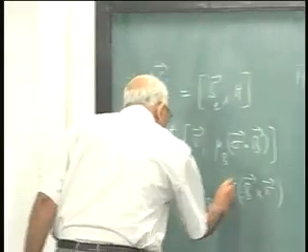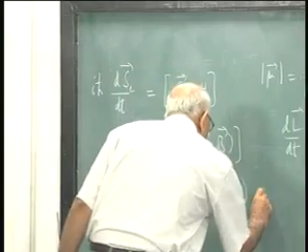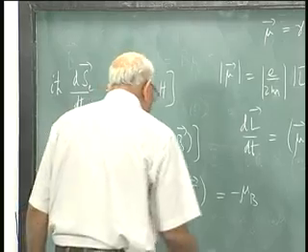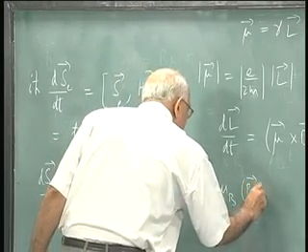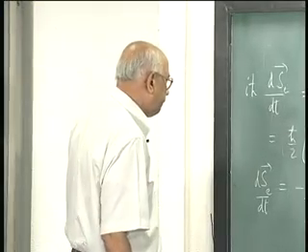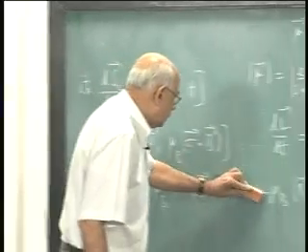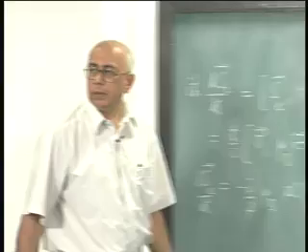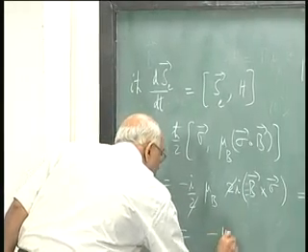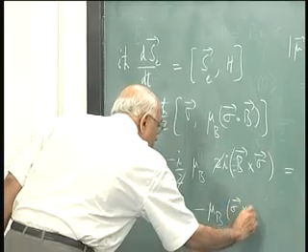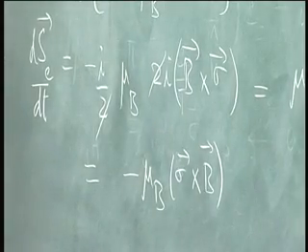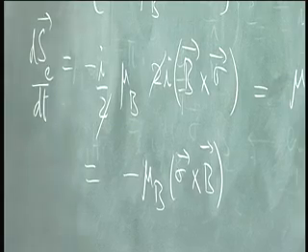Which is equal to, the 2's cancel, I want to be very careful now, this is equal to minus mu_B, B cross sigma, which is equal to plus mu_B sigma cross B.